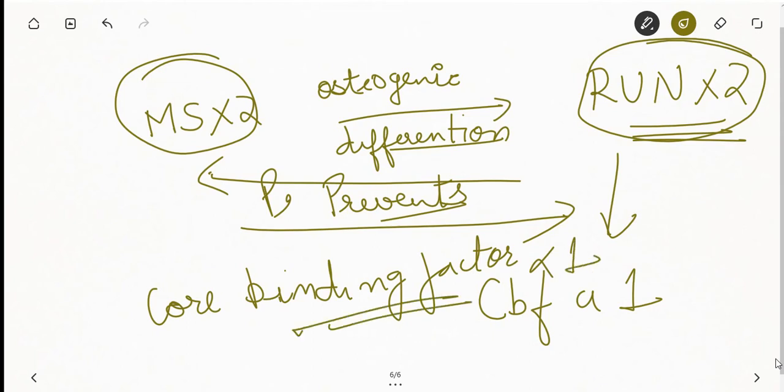So the balance between the activity of these bone proteins and osteopontin contributes to maintaining an unmineralized periodontal ligament region.